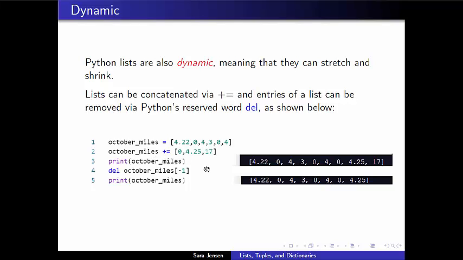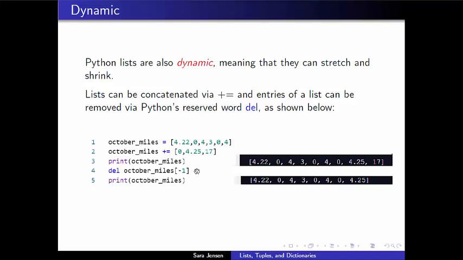We can also remove elements from our list via Python's reserved word del for delete by stating the position in the original list we would like to delete. So suppose that we had erroneously entered in this 17 and we hadn't actually run 17 miles on this day, that was just a typo.